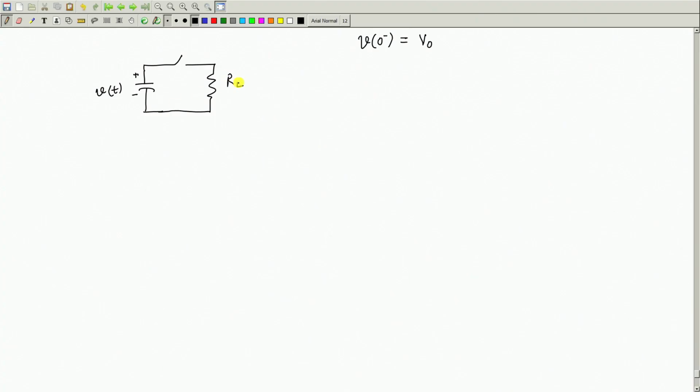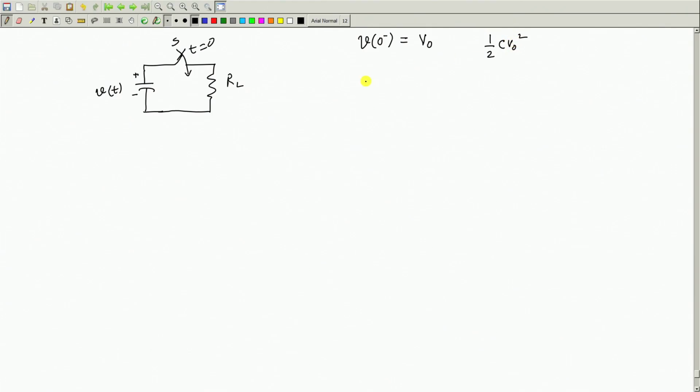This is my load resistance, and although there is apparently no active source present like a battery or current source, mind you, if you close the switch at t equal to 0, then this energy will be dissipated in R L. So we started with the energy half C V naught square.